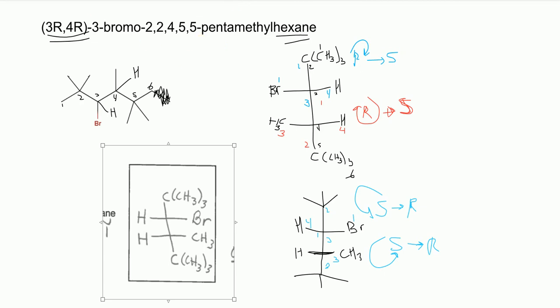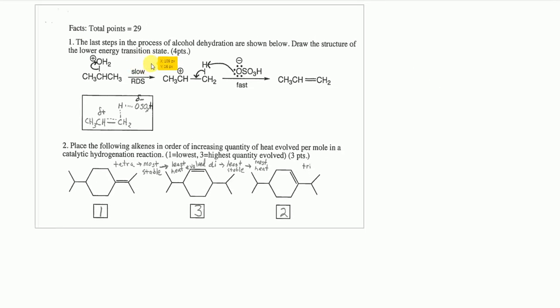All right, so now let's look at the next part of the test, the facts section. I'm just going to take from her 2016 exam and look over some stuff.